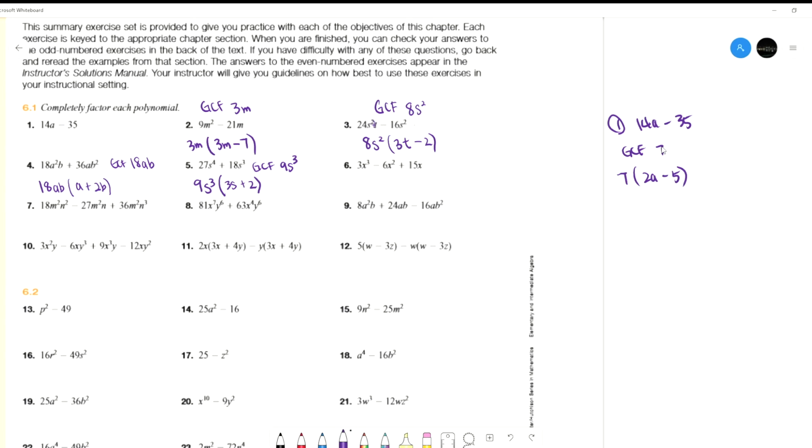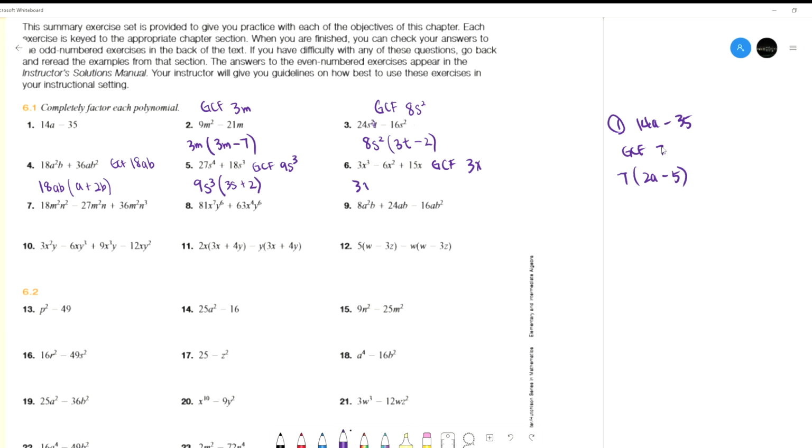Okay, now we have 3 terms in number 6. So I gotta find the greatest common factor for all 3 terms. I noticed that the 3, the smallest number, divides into all of the coefficients. So that means the GCF will have a 3. And then I see the smallest x, the lowest exponent is 1, so it's just 3x.